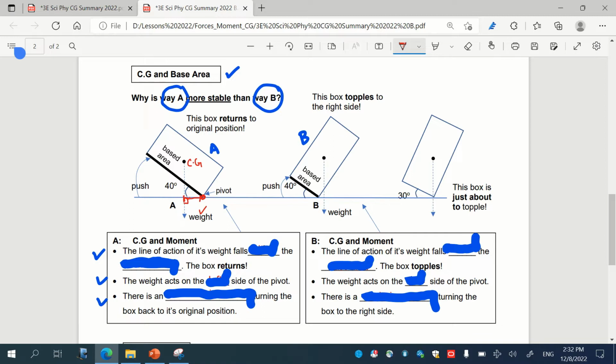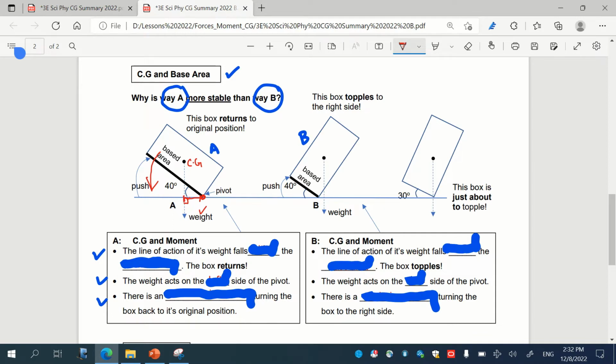So there is a moment created because of this weight pulling it down from the left side of the pivot point. This will cause the box to fall back down this way. When you tilt it 40 degree, the line of action of the weight still falls within the base area, and it's on the left side of the pivot point, causing an anti-clockwise moment to turn this box back to its original position.